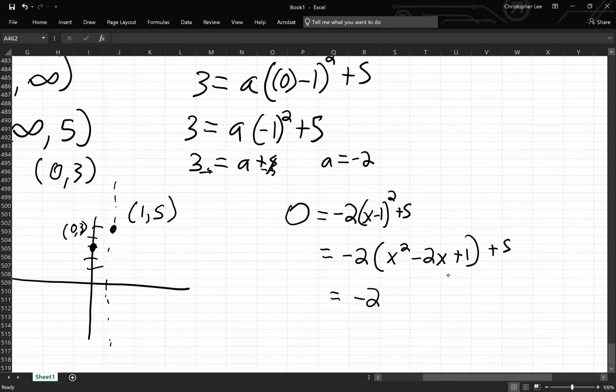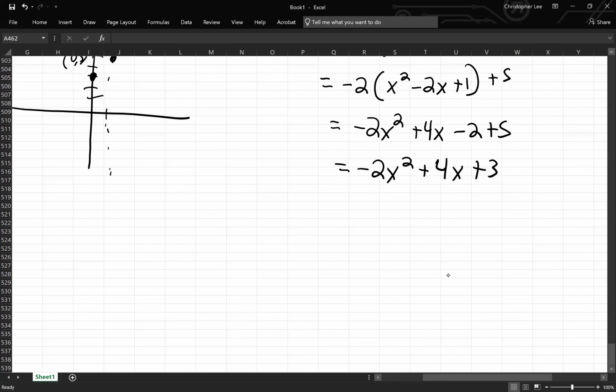What's this? -2x squared plus 4x. Sorry about that. -2 plus 5. Let's combine like terms. -2x squared plus 4x plus 3. Okay, not bad, not bad, not bad.